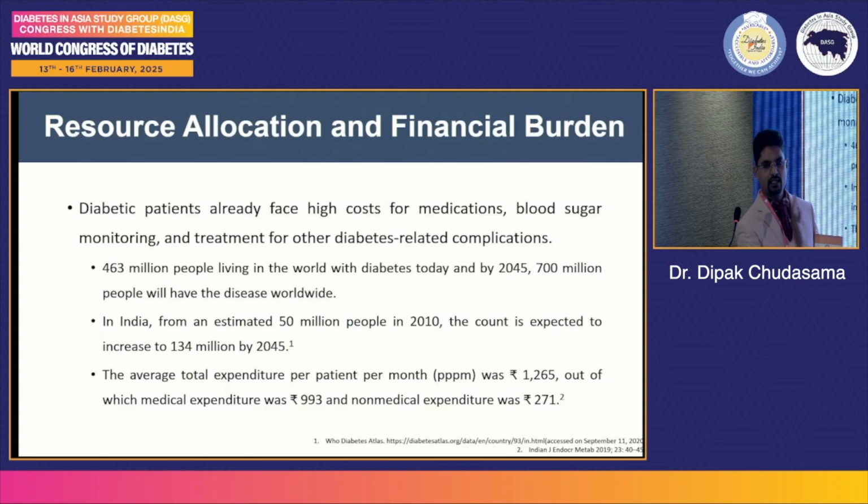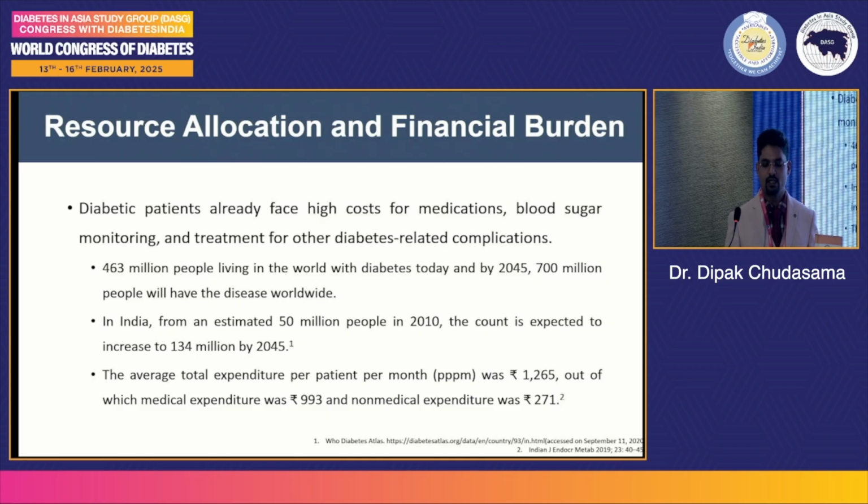This is a link we have to look after, but where are the resources? Resource allocation and financial burden are another aspect of treating periodontal disease in diabetes. Diabetes patients already face high costs of medications, blood sugar monitoring, and treatment of other diabetes-related complications like neuropathy, retinopathy, nephropathy, or cardiovascular or cerebrovascular disease. Almost 72 million people in India were suffering from diabetes in 2023.